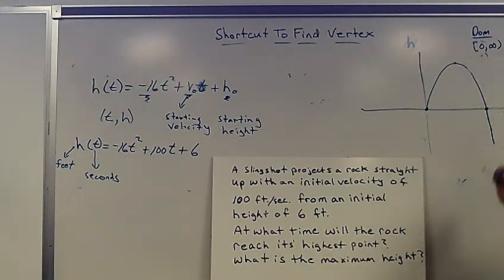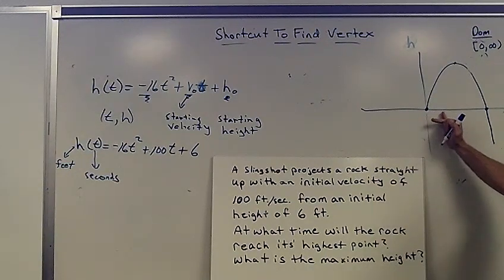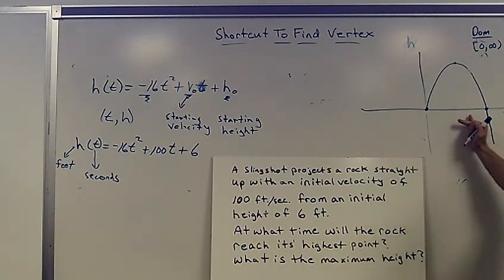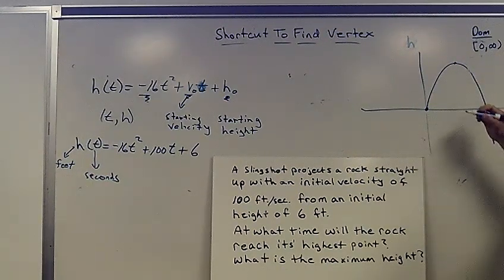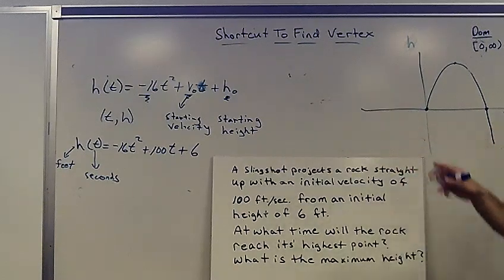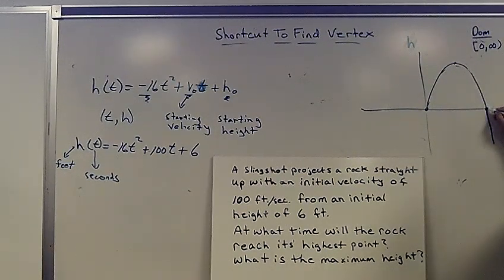And it goes to infinity. In this case, it's not just the whole numbers. T, time, is continuous. So I can just write with confidence here, domain is 0 to infinity. Again, it's a parabola, it's quadratic, so I get a parabola. A is negative, so it opens downwards. So I get something that looks like this.